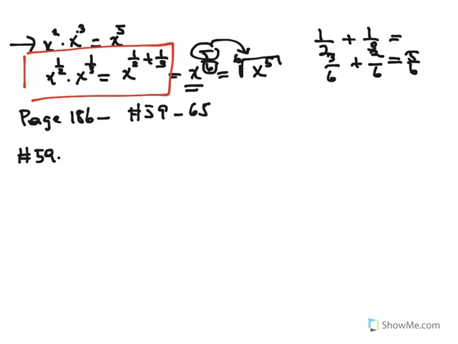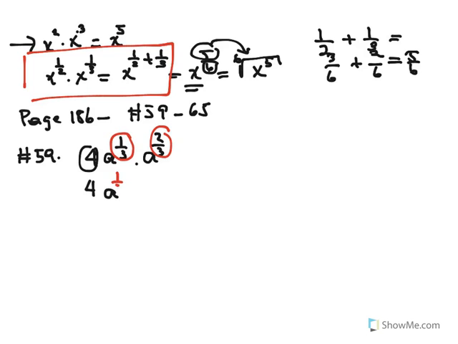Okay? Let me start with problem number 59. And in 59, I have 4a to the 1/3 times a to the 2/3. Okay? Now remember that this 4 is the coefficient, and now a is going to have a new exponent. I'm going to add 1/3 plus 2/3.